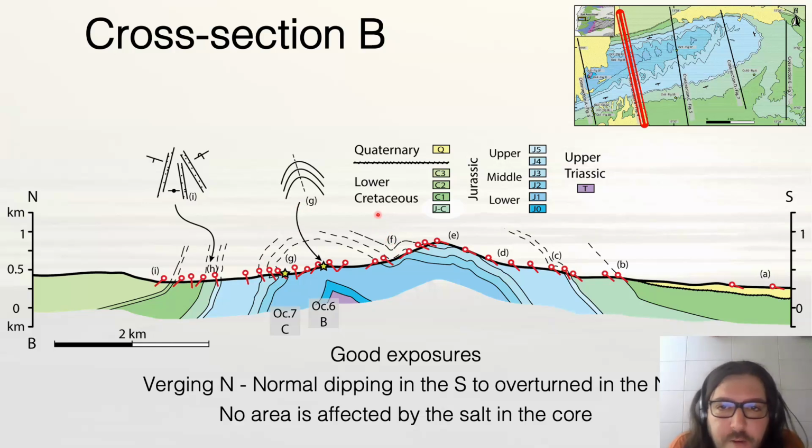This section displays the variation in thicknesses of the uppermost Jurassic to lowermost Cretaceous rocks, with layers being consistently thinner in the north than they are in the south, with differences from 350 meters here to 900 meters here.